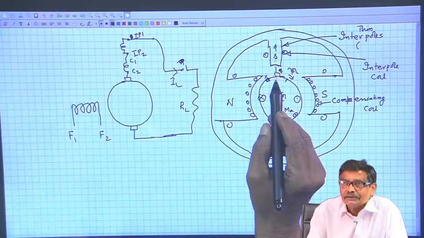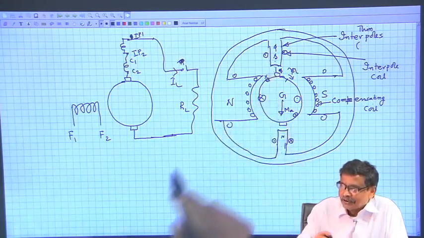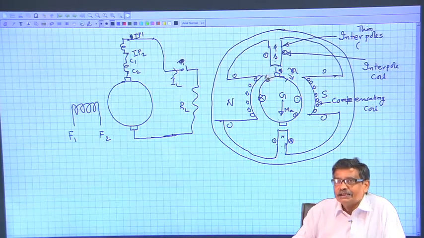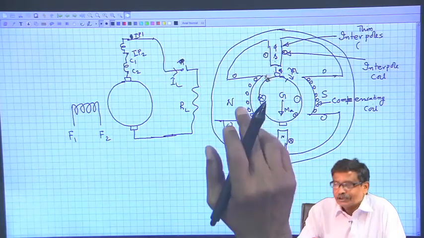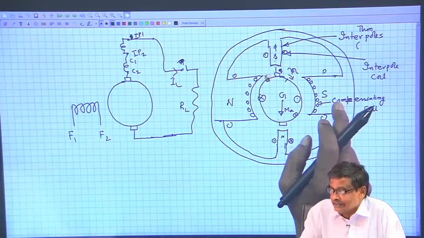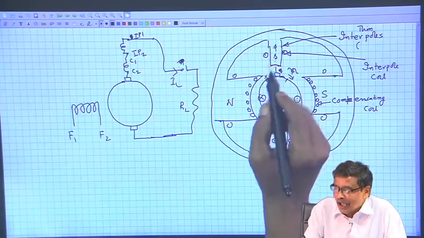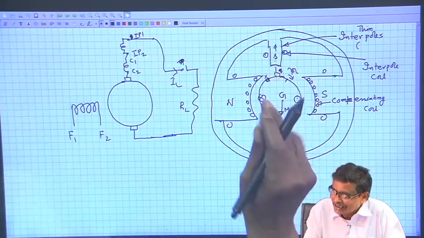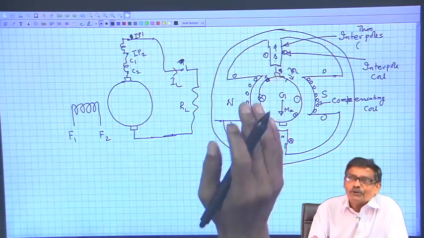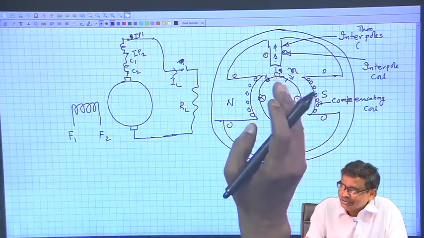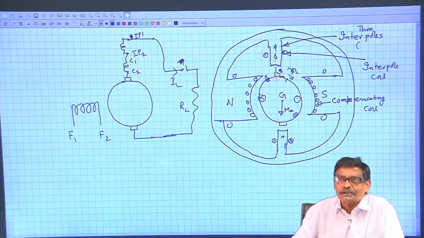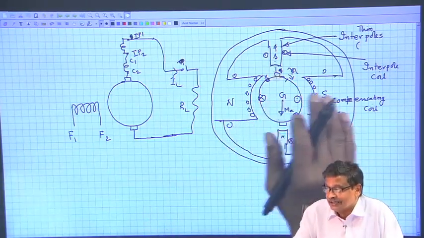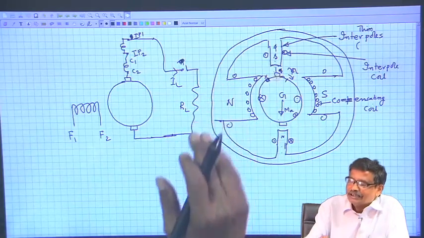Then it reaches here, it carries cross current, but I have already started educating the conductors that look here, you are going to face a sudden south pole. So, I will rather start training him that you start experiencing a south pole from now onwards, so that it will improve commutation. It will be accelerated commutation. It will be very helpful to the conductor. It has to suddenly see a south pole, you start in advance.